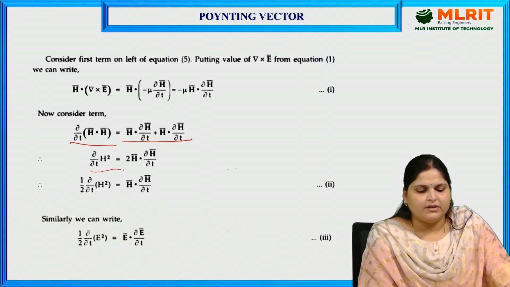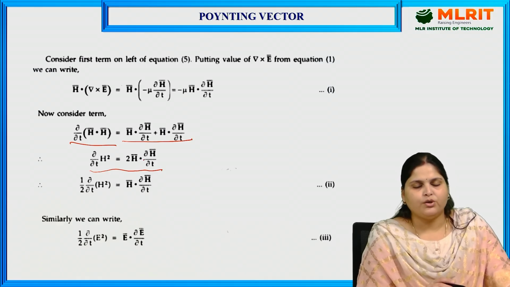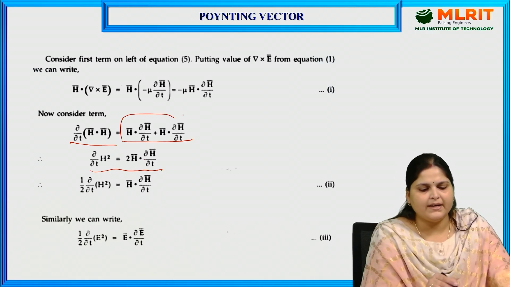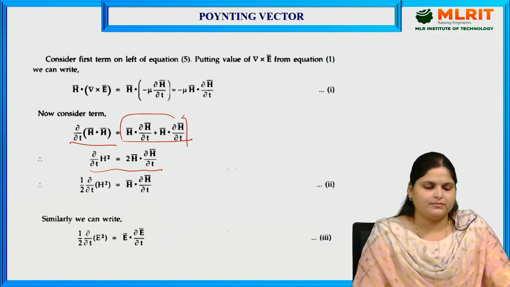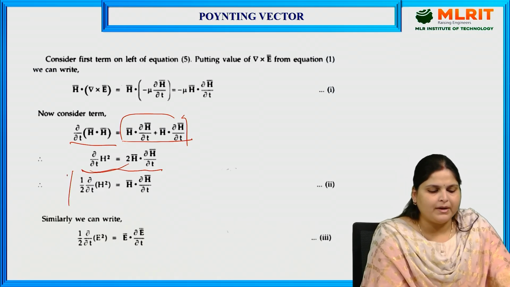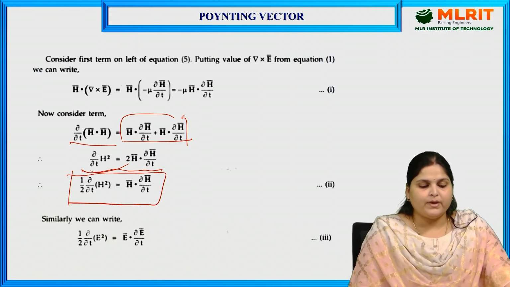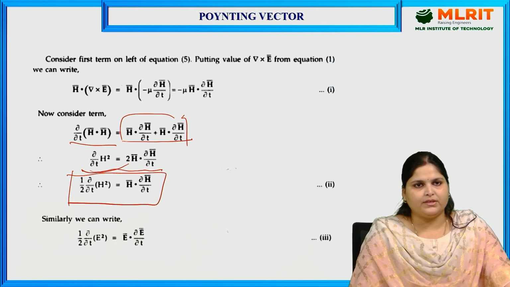So dou by dou t H square is equal to 2 H dot dou H by dou t, because the terms are added. Multiplying by 1 by 2, we get 1 by 2 dou by dou t H square is equal to H dot dou H by dou t.